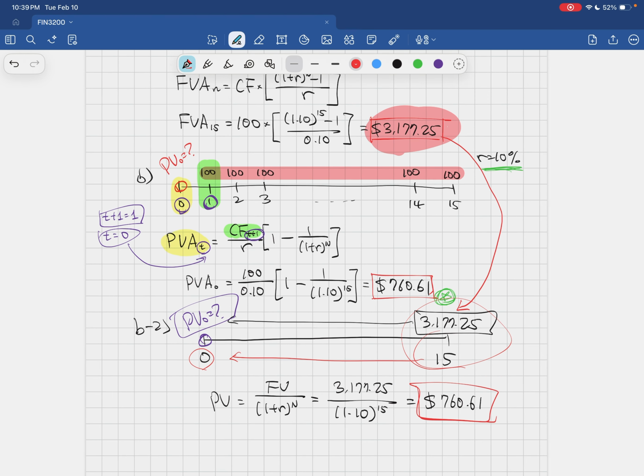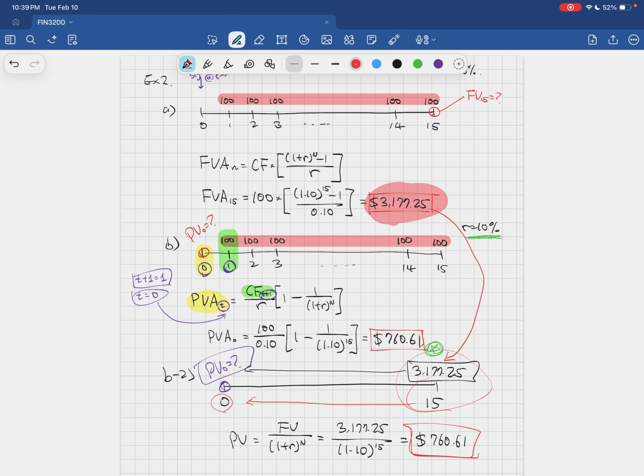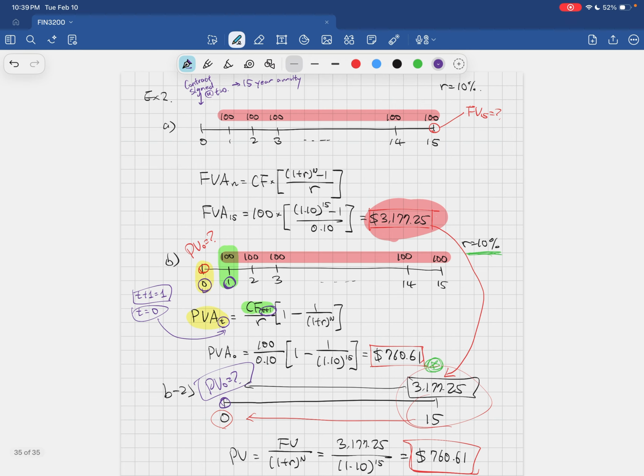So this is conceptually important. To briefly recap, in example 2a, we noticed that this was a 15-year annuity, and we calculated the future value of this annuity in year 15. It just means getting $100 every year for the next 15 years is basically equal in value to getting 3177.25 in 15 years. That's just time value of money.